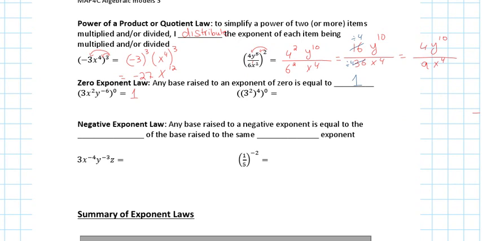How about this? Same one, because even if I do the exponent law where I multiply 2 by 4, that's 8. 8 times 0 is 0. So I'm going to end up with 3 to the power of 0, which is 1.